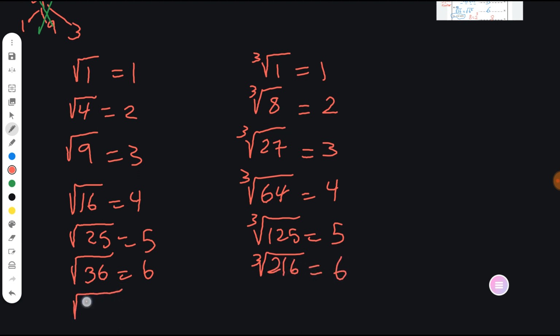Square root of 49 equals 7. Cube root of 343 equals 7. And so on.